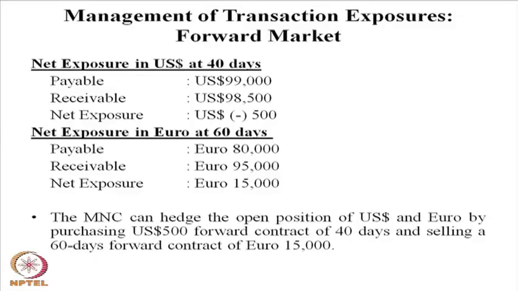If the net exposure is negative, they have to arrange the exposure. On both sides the MNC needs to hedge this exposure, because there may be some fluctuation of the domestic currency against the foreign currency. In this context, the forward contract can be used as a tool for management of foreign currency exposure.